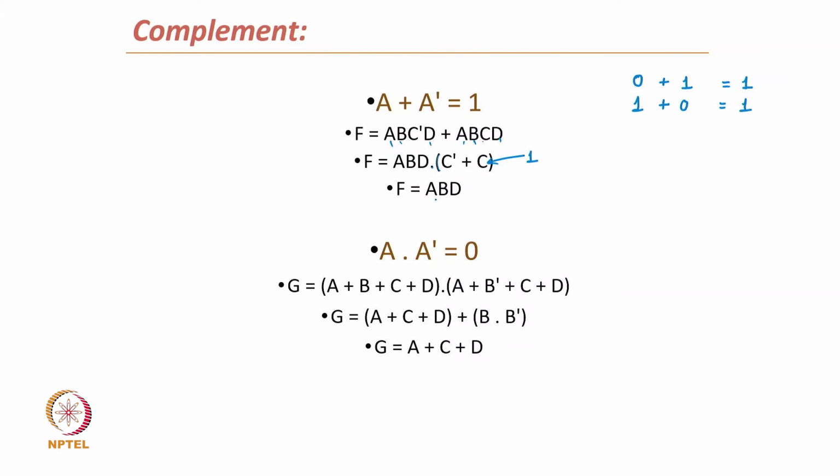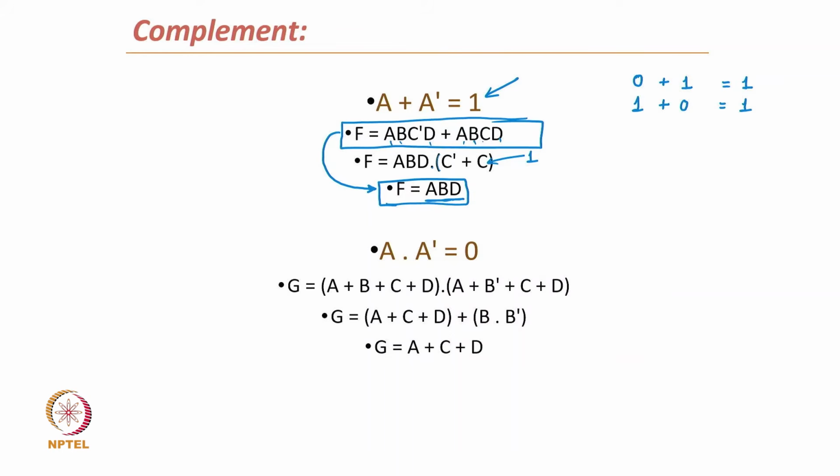So, the resultant is ABD. So, this is how we actually simplify Boolean expressions. We apply these rules on the expression. For example, this is a bit longer expression. Now we have applied this complement rule on this expression, and the final expression is way simpler than it was earlier.